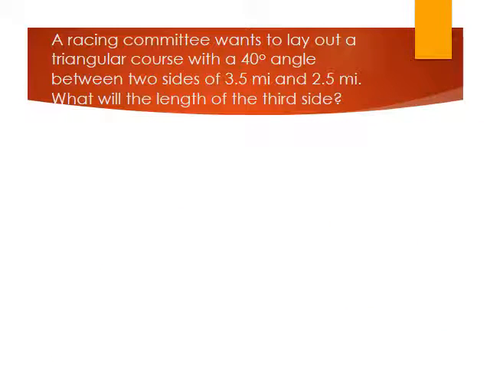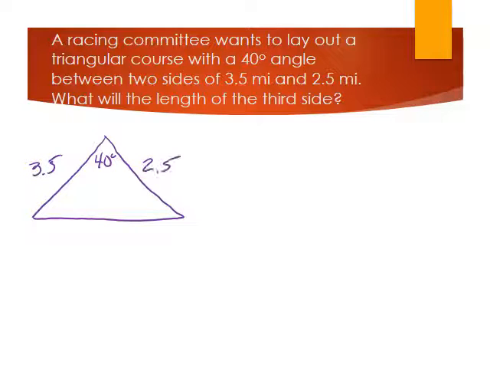All right. Last problem: a racing committee wants to lay out a triangular course with a 40-degree angle between two sides of 3.5 miles and 2.5 miles, and what is the length of the third side? So we're going to make a diagram. I've got a 40-degree angle between sides of 3.5 and 2.5.